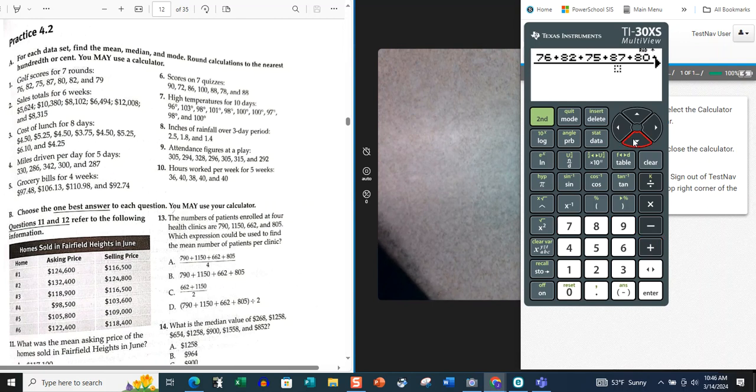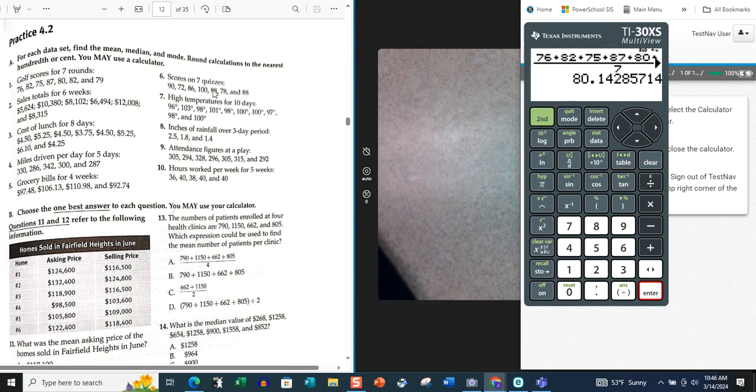Then we go down to the down arrow. Now it says golf scores for 7 rounds, so we know it's out of 7. And then we'll press the right arrow key, because remember, we want this to be in decimal form. So we'll press second, then the table key, and press enter.